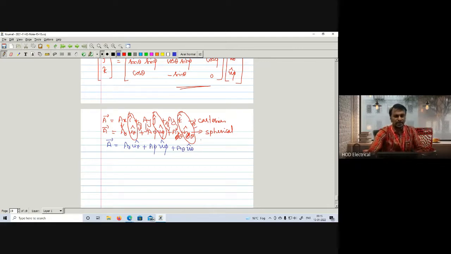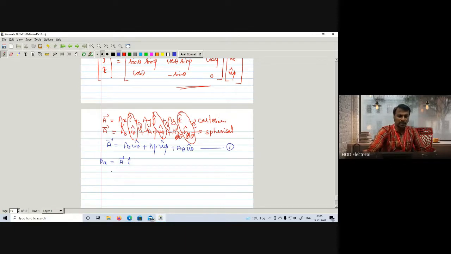This is the equation in the spherical coordinate system. Now I want to know what Ax is. The Ax component is the projection of the A vector along the i axis. Then the A vector along the j axis, and the A vector along the k axis.